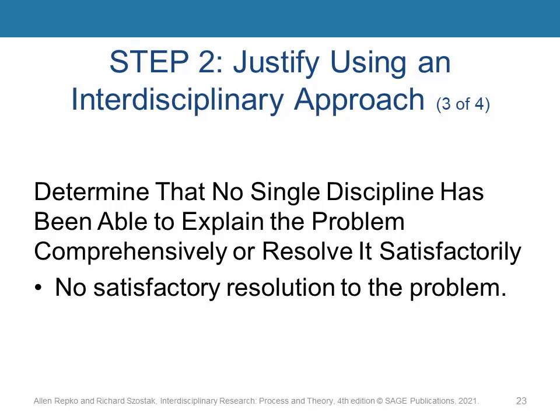For example, the problem of school shootings has been addressed by sociology, psychology, criminal justice, anthropology, psychiatry, education, political science, and so on. But no single discipline has been able to fully explain the problem within its disciplinary boundaries.